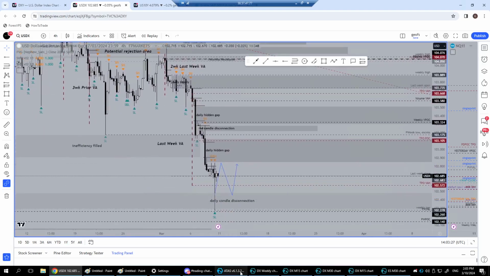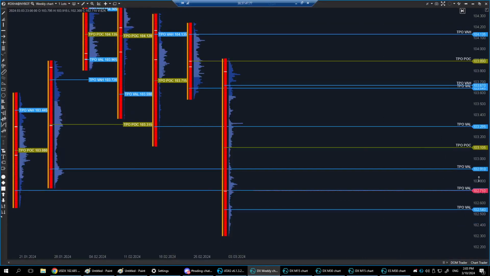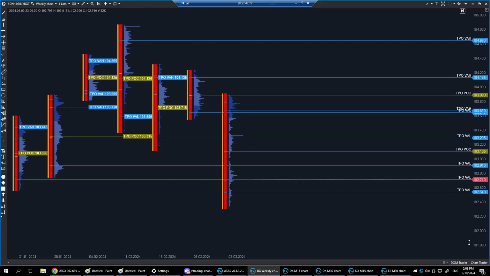So what else? So we've got this extreme high volume up here as well. 104.650. We've got a confluence here as well. 104.135.